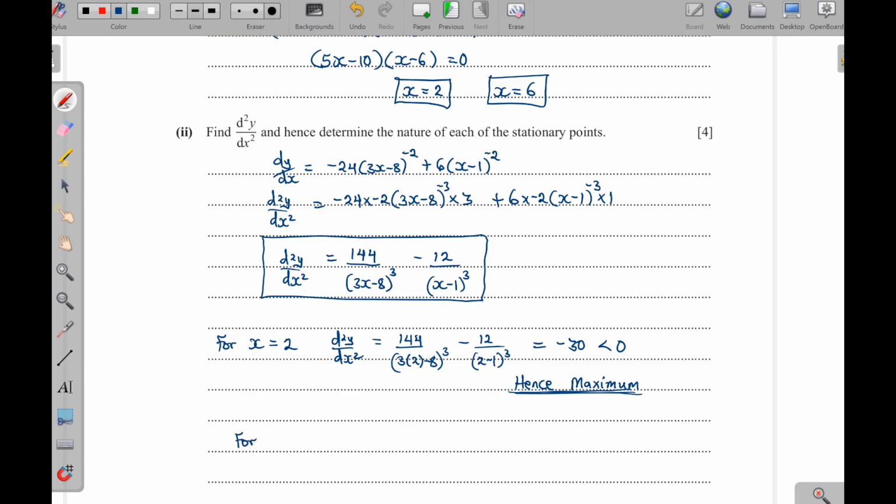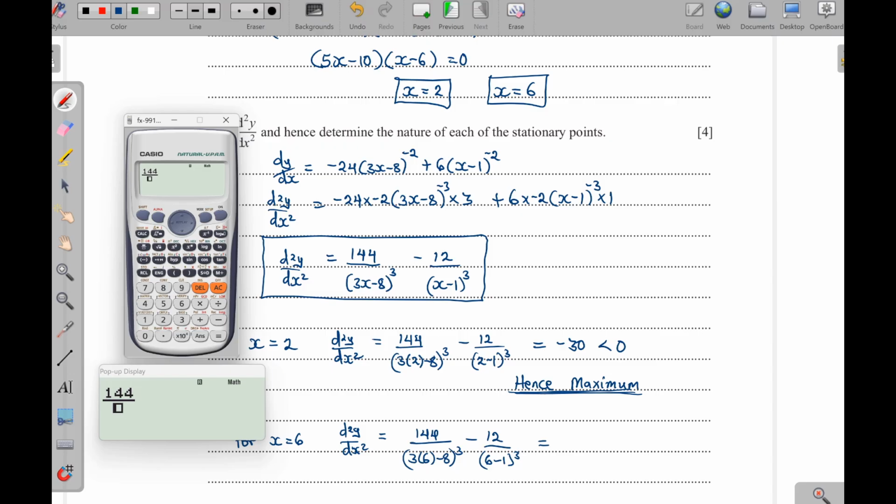We do the same for x equal to 6. The second derivative here is going to be 144 divided by 3 times 6 minus 8 cubed, minus 12 out of 6 minus 1, then cubed. What does it give us? 144 divided by 3 times 6, that is 18, minus 8, that will be a 10.